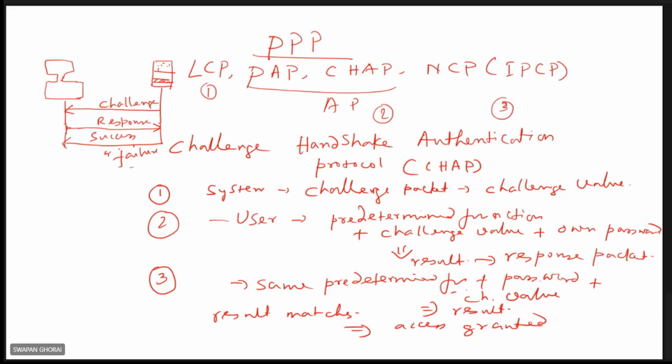So these two are the most important components of the PPP protocol. And there is another protocol that is used in PPP, that is NCP, the Network Control Protocol, for carrying network layer data.